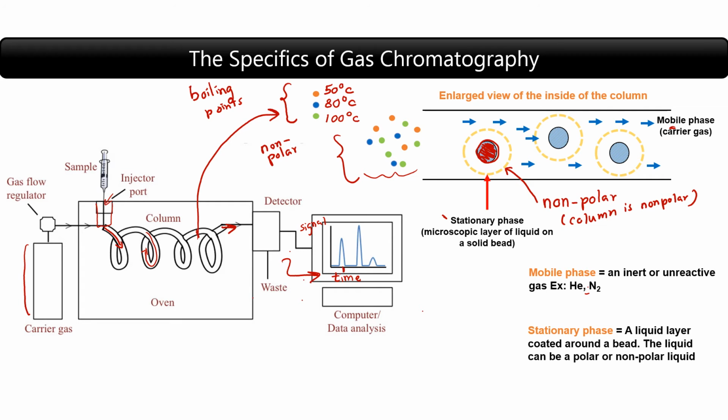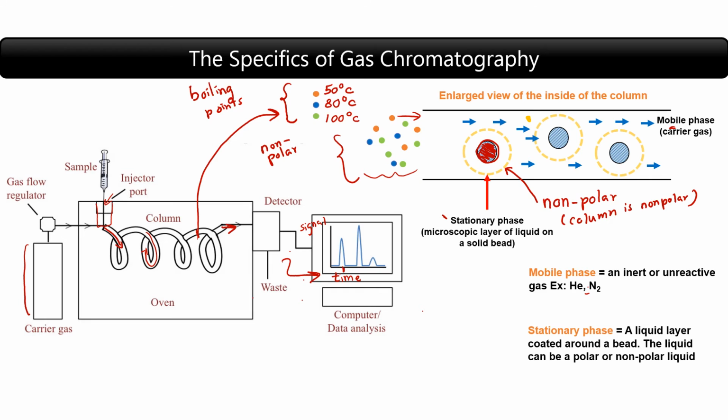They're injected into the column as a mixture, but as they move along the column, since the orange molecule has the lowest boiling point, that means it exists more as a vapor than in liquid.